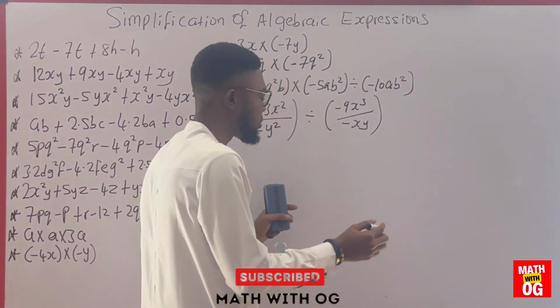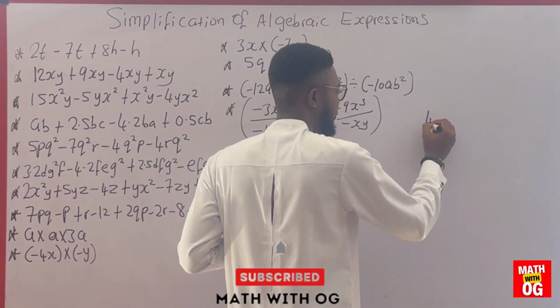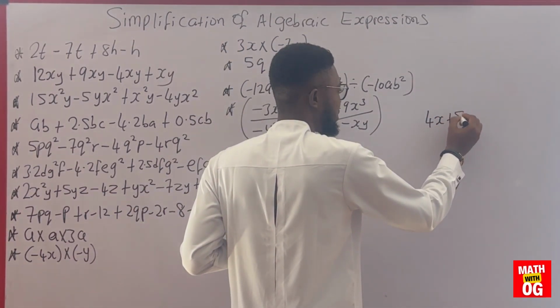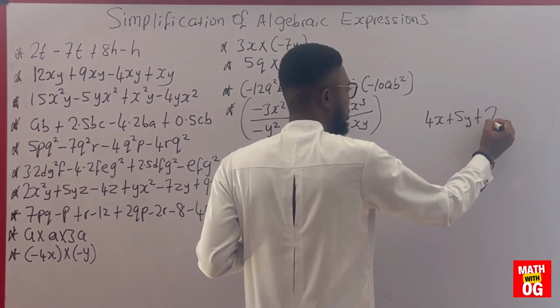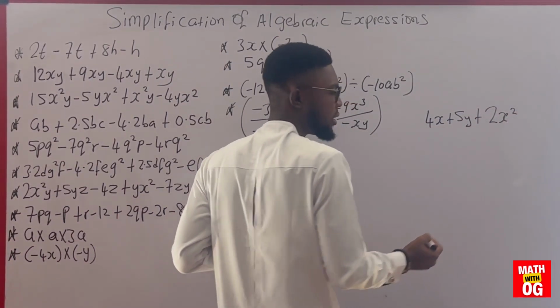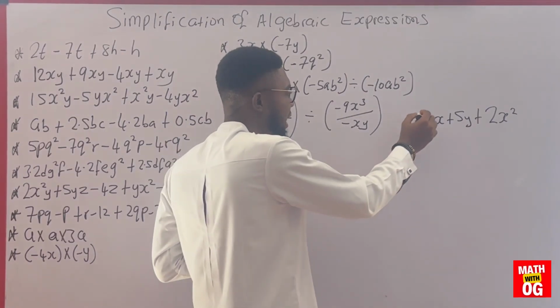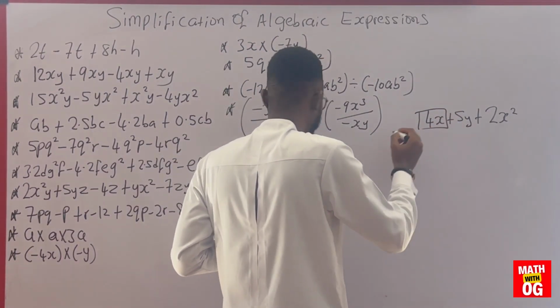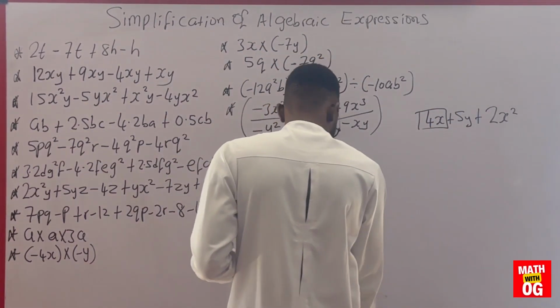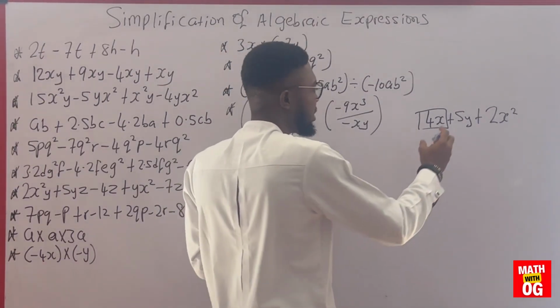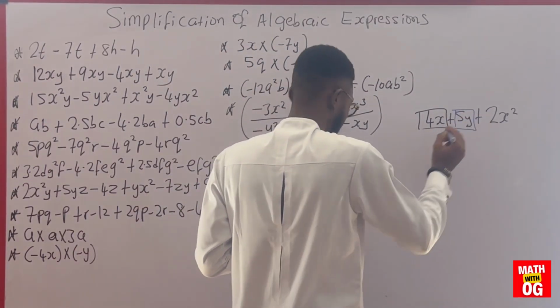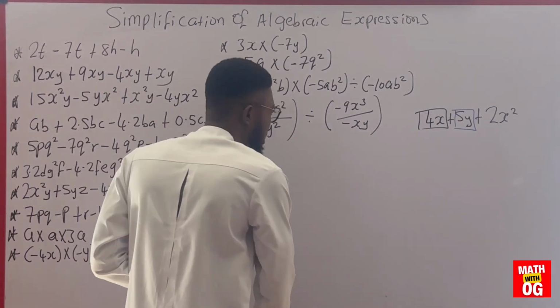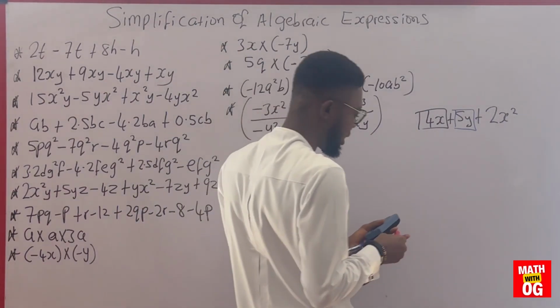If you are given an expression like this, 4x plus 5y plus 2x squared, for example, this guy here is one term on its own. This guy here is another term. And lastly, this guy here is another term.